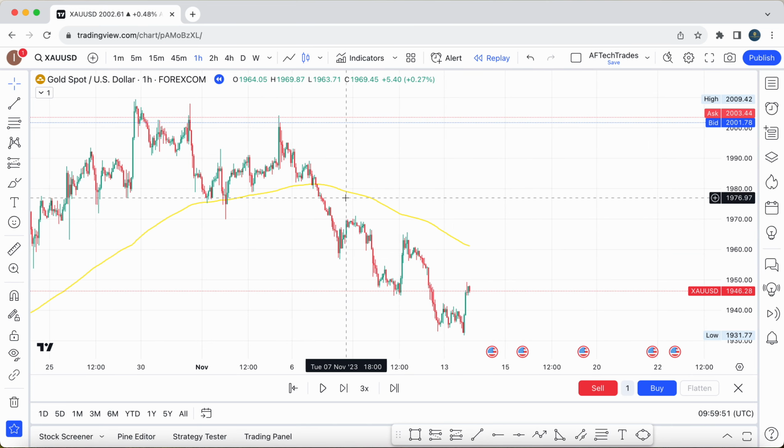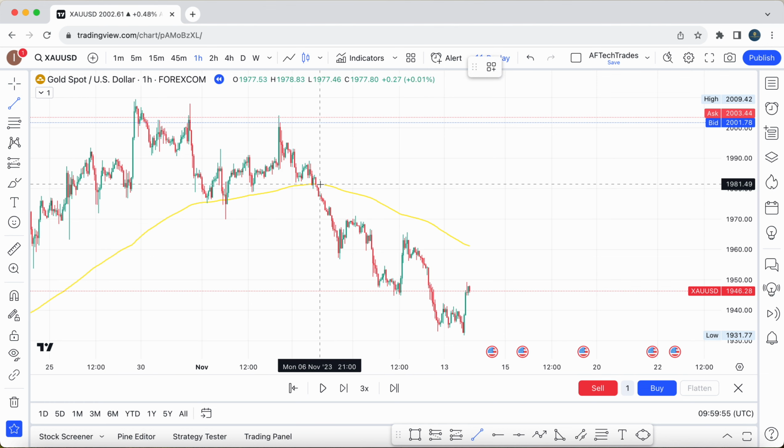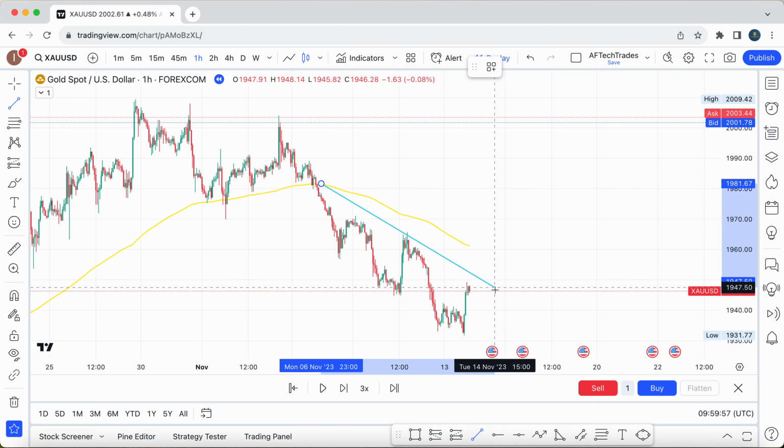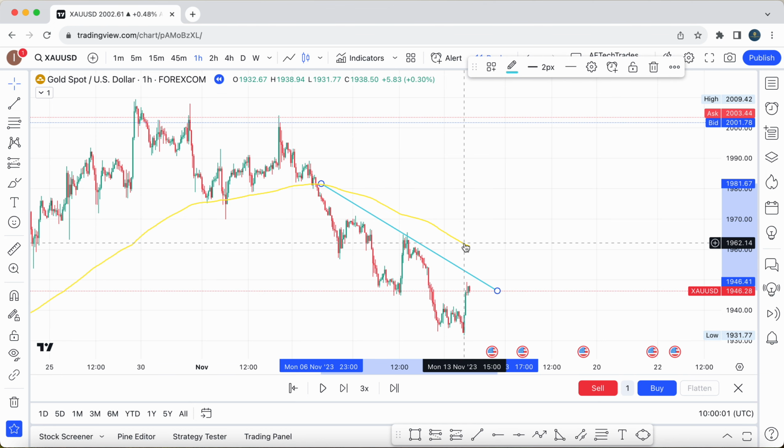Maybe you have to either draw a trend line, or you wait for the market to break through your trend line or break through the 200 EMA before you enter the market after a retest. You don't just enter into the market immediately. You have to wait for a retest before you enter the market.